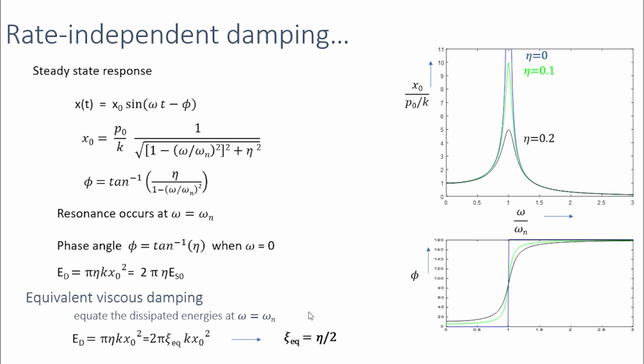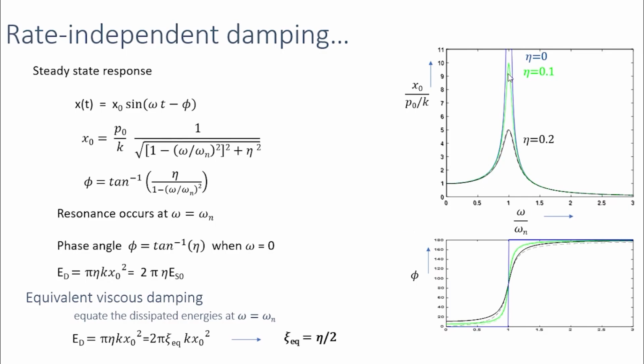And now we will see how this deformation response factor and the phase angle change when we use this equivalent viscous damping. We have plotted the values of the deformation response factor and the phase angle using dotted lines.